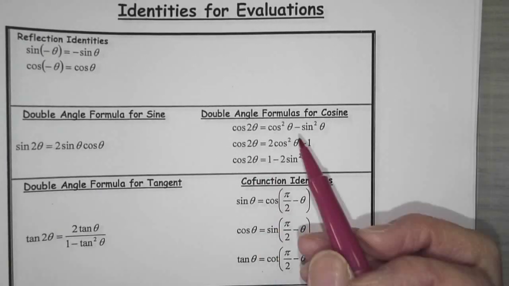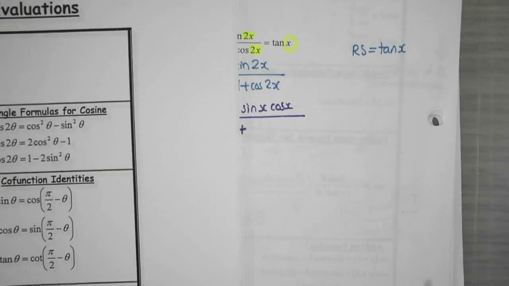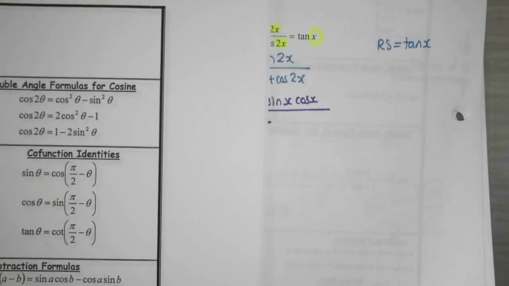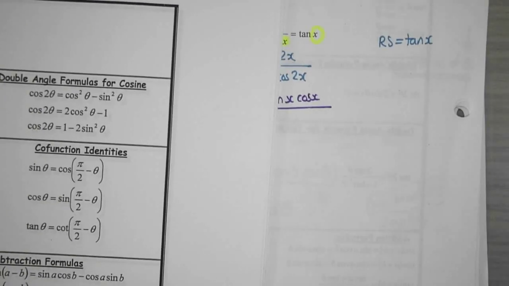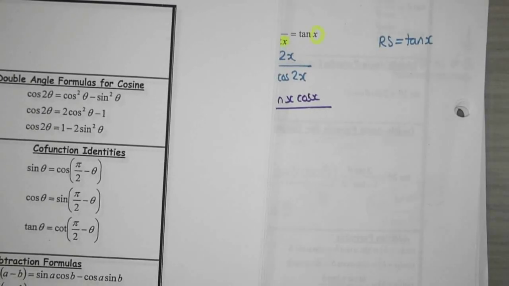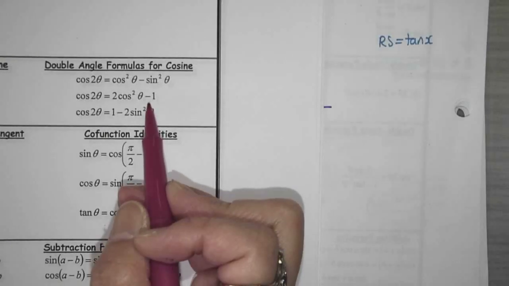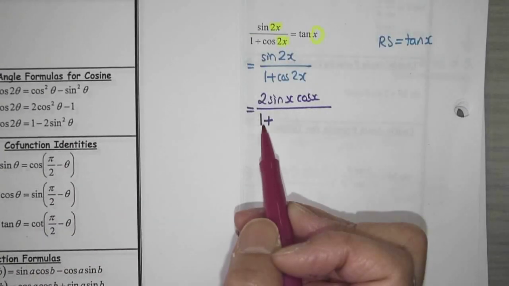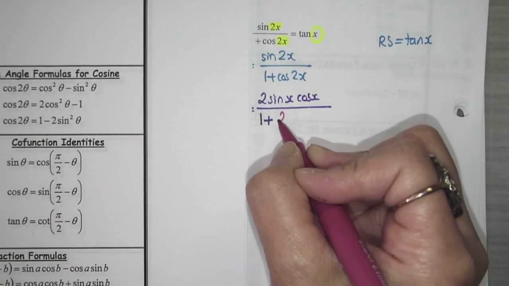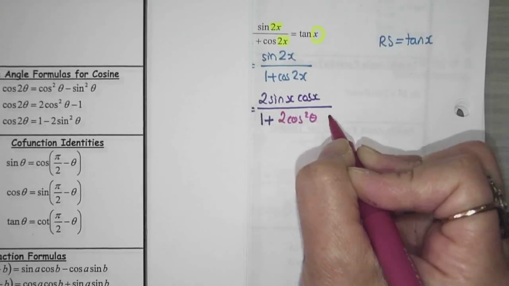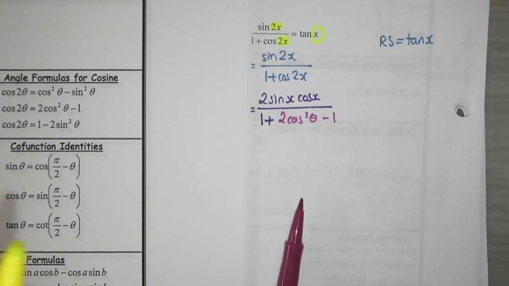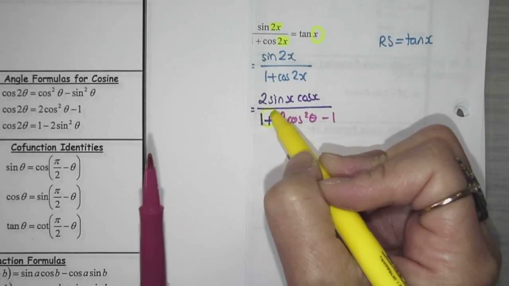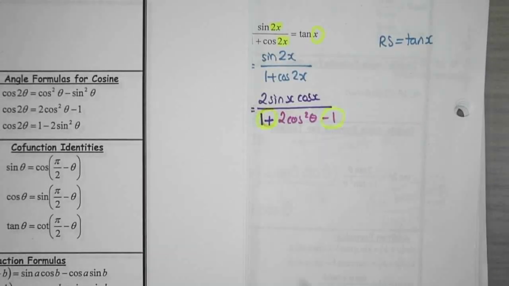So I have my choice. You can use any of them, you'll get to the right answer. Which would be the better one to choose? Think in terms of that. 2 cos squared minus 1, how come? You can get rid of the 1. Yeah, I have a 1 plus. So if you plan ahead and use this one, the plus 1 and minus 1 cancel to be gone, 0, right?